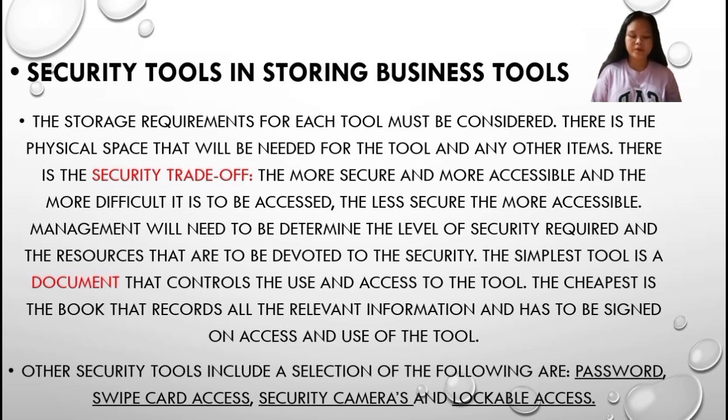The cheapest is a book that records all the relevant information and has to be signed on access and use of the tool. Other security tools include a selection of the following: password, swipe card access, security cameras, and lockable access.